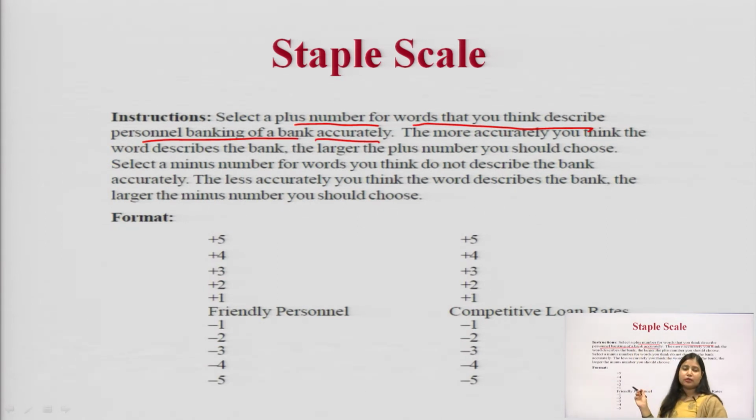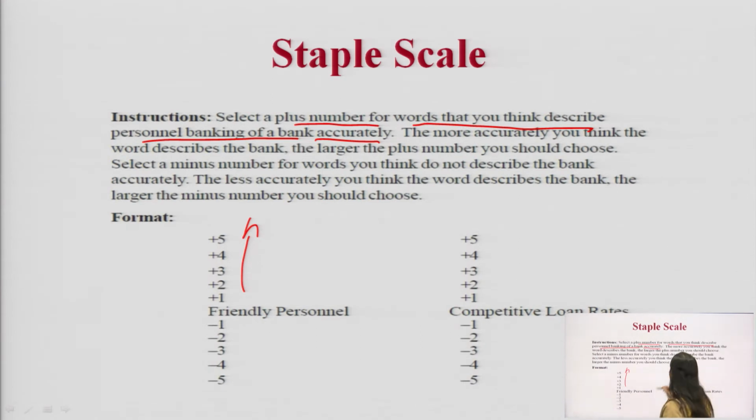Here they are trying to collect data about your banking experience, and they say that if you think whatever the question is asking is accurate or correct, or you are positive to it, then you put your response on the positive side.